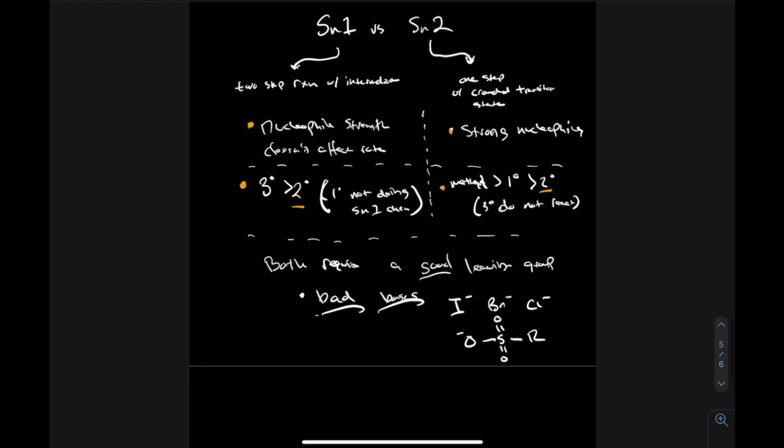Now let's consider solvent. All right. So in this particular instance, a good solvent is going to have to neutralize a charge formation. So Sn1 clearly has charge formation, and when you have charge formation, your leaving group is always going to be splitting away from your substrate in an Sn1 reaction.